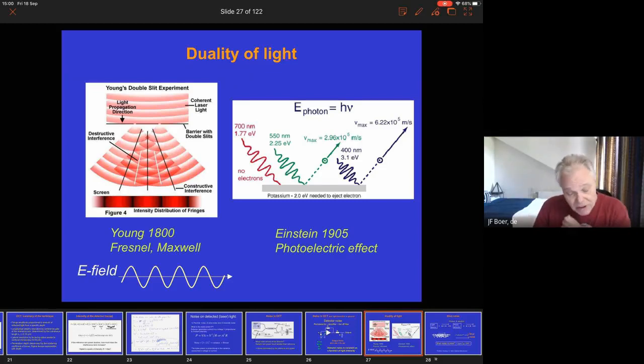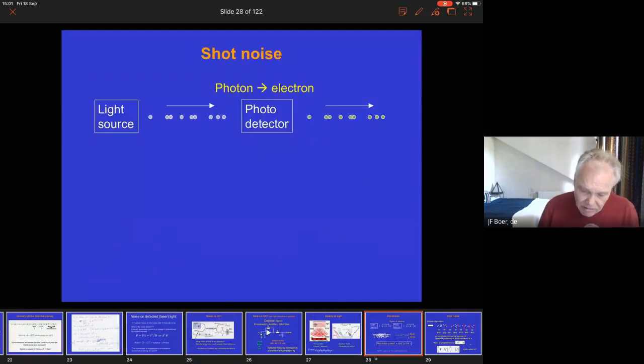The behavior of light as waves goes far back to the 1800s, Maxwell's equations, Fresnel interference.